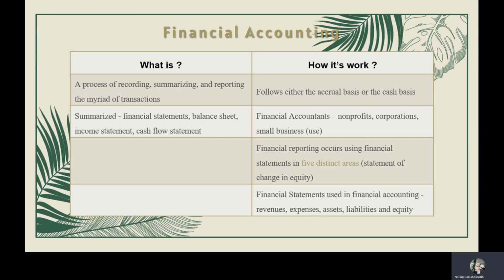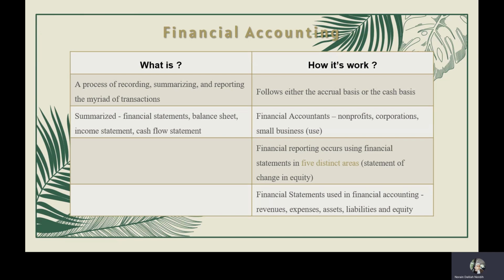Have you ever thought about how FA works? It works as follows, either on the accrual basis or the cash basis. Non-profit corporations or small businesses use financial accountants in their company. Financial accounting reporting occurs using financial statements in 5 distinct areas.